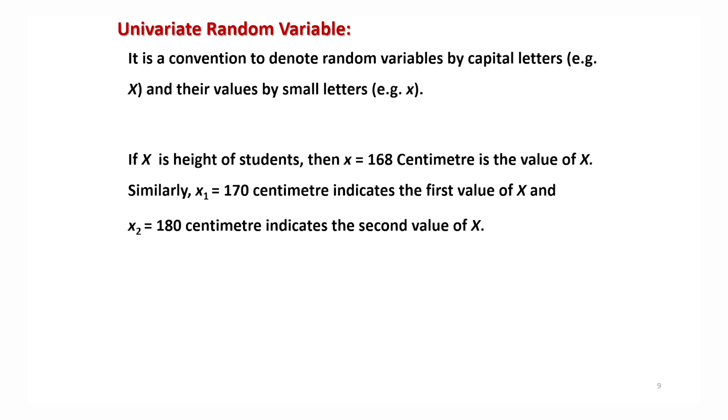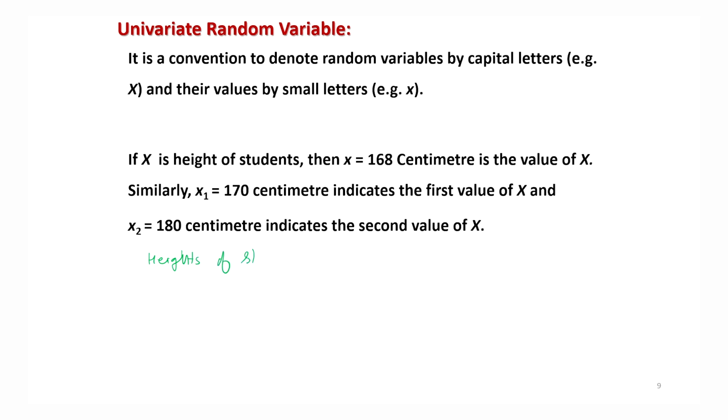Right. So before I go further with the details of this random variable and other aspects, let me try to explain here what is the convention in statistics, that is, how do we indicate the random variable and its values. You know that when you are trying to define a random variable, then you are going to get the observation on them. For example, suppose I say that I want to have the observation on the heights of the students.